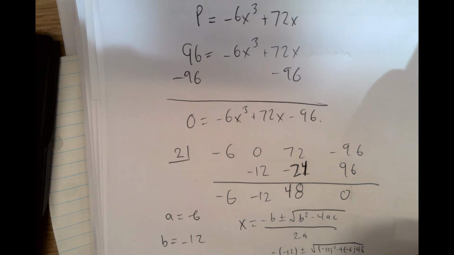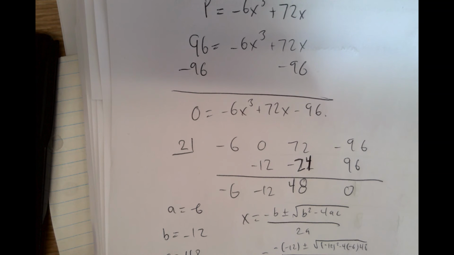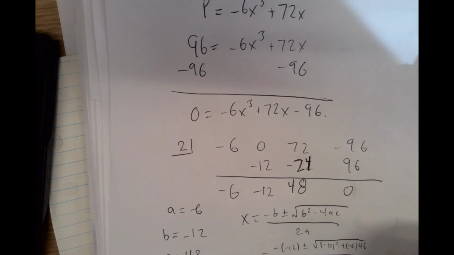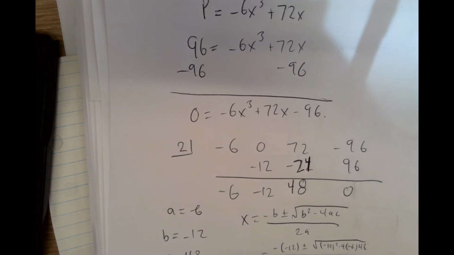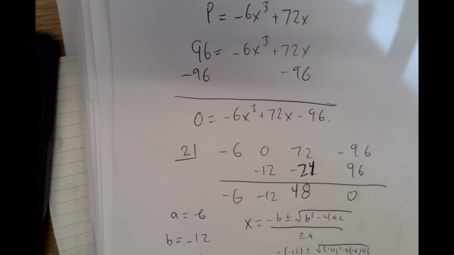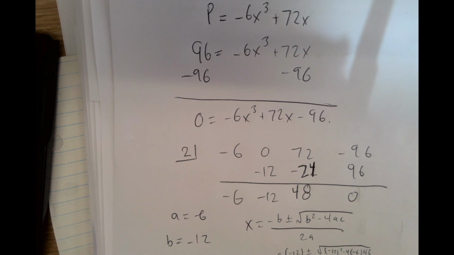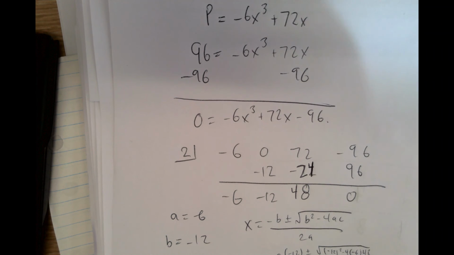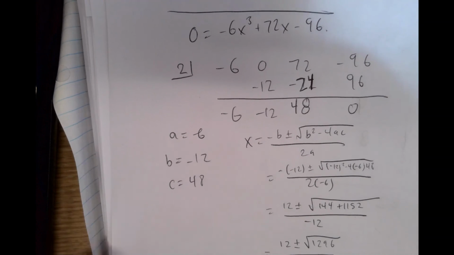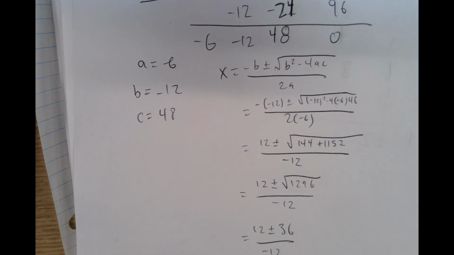What you get in the end is negative 1 plus or minus 3, which is equal to 2 or negative 4.